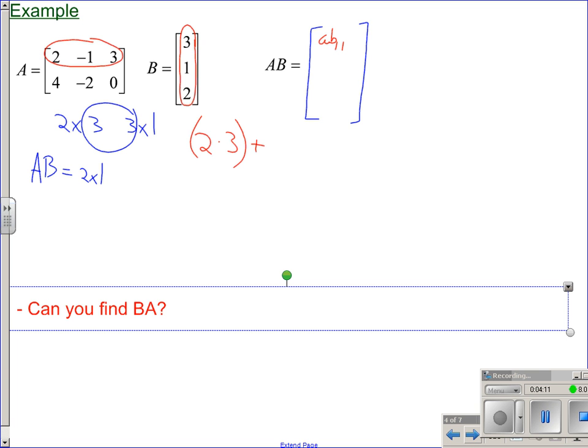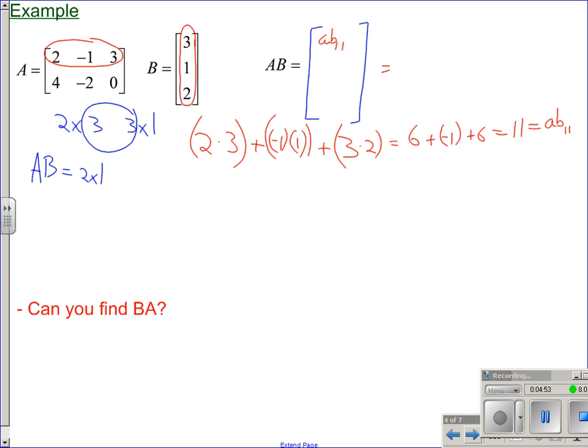Then we add and go to the second entries in the row and column: -1 times +1. This -1 is the second entry in the row, multiplied by the second entry in the column, plus. Now we go to the third entries. Third entry in the row is 3 times third entry in the column is 2. These are the products of the corresponding entries. We are adding them up. So we get 6 plus -1 plus 6, that is 11. This is your entry in the answer matrix, row 1, column 1.